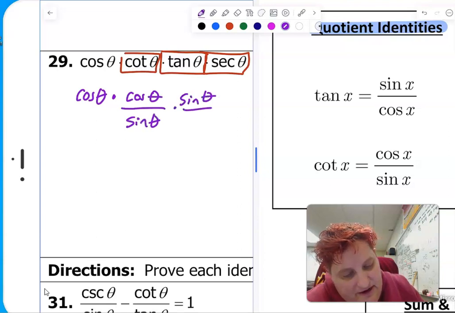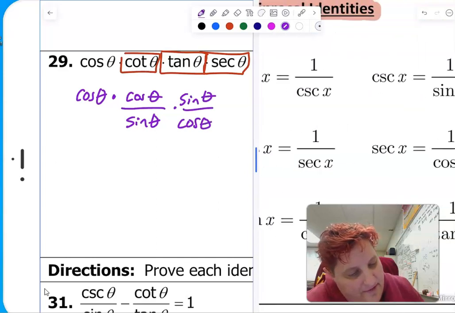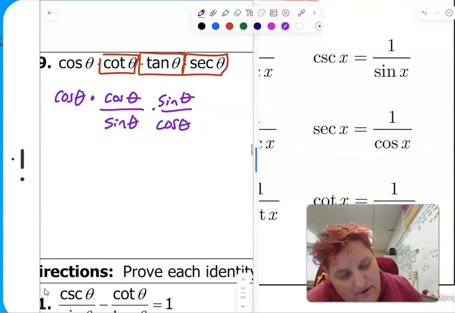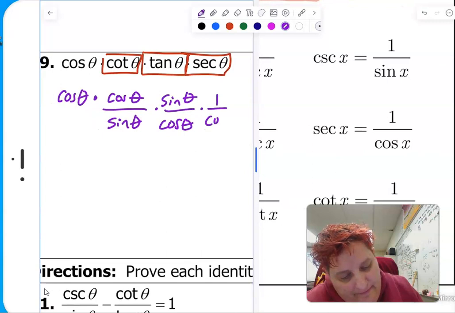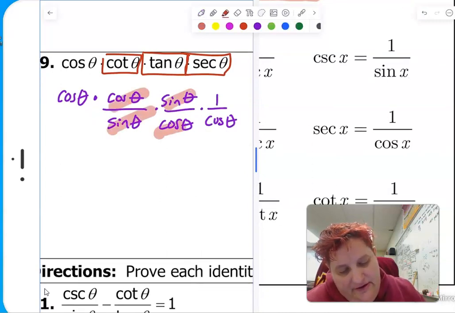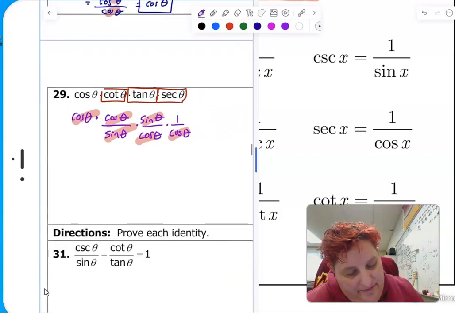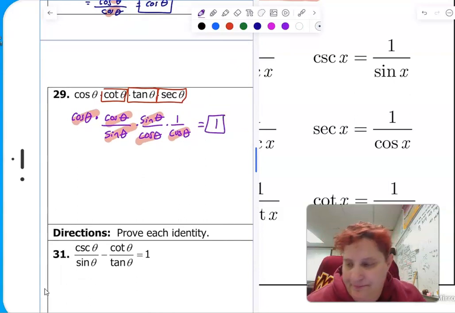Tangent is sine over cosine. And secant is 1 over cosine. Now, as I go through here, cross off my sines, cross off my cosines, cross off my cosines, everything crosses off, which is super fun. And so I'm just left with 1. That one simplifies all the way down to 1.